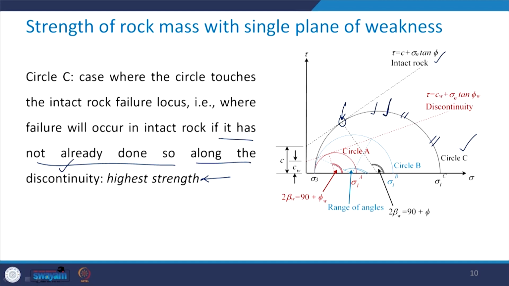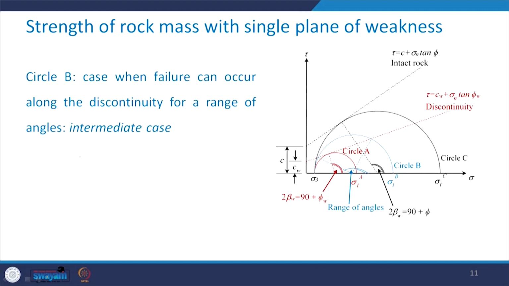Now take a look at the last circle, which is the circle B, the intermediate case. What will happen? First we had two extreme cases, that is the lowest strength in case of the discontinuities and the highest strength in case the failure is taking place in the intact rock. What happens if the state of stress is somewhere in between the two extremes, which is represented by circle B, of the blue color here?